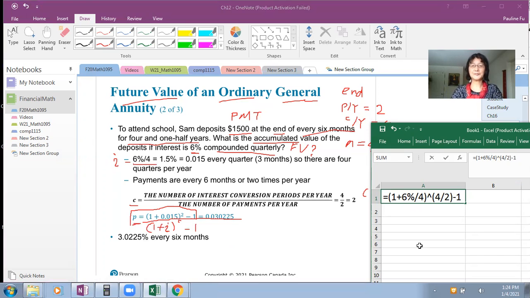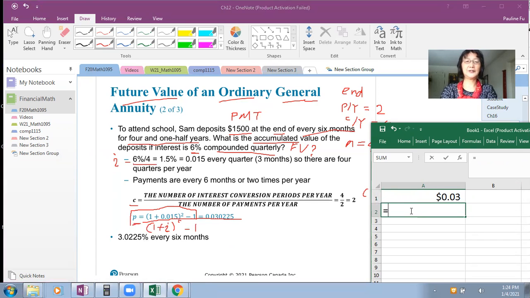This is P: (1 plus I) raised to power C, minus 1. And this P would be the interest rate in the Excel formula.